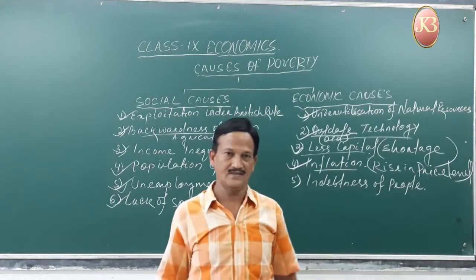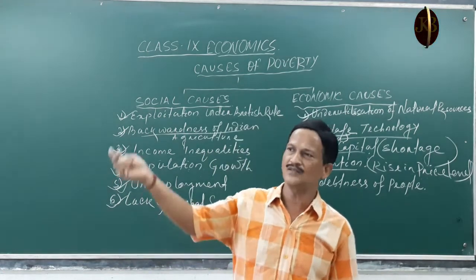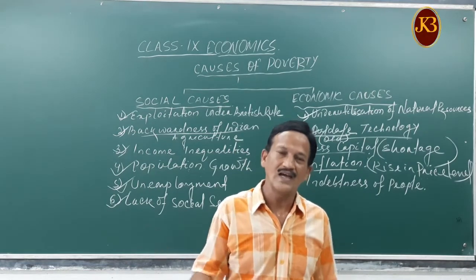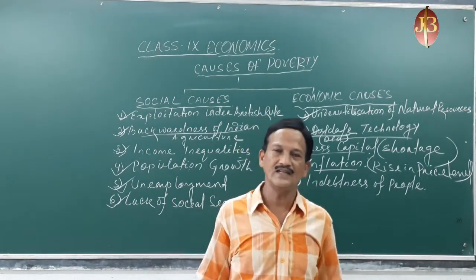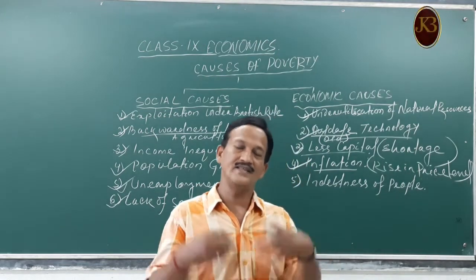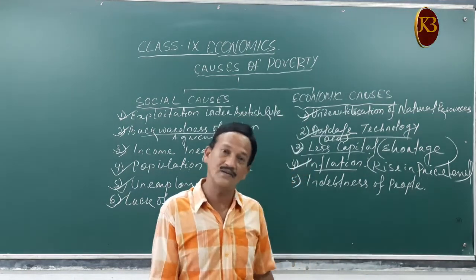At present you might have seen in the market how onion prices and other vegetable prices are at the highest levels. You can imagine how the poor people are managing their basic necessities in their day-to-day life. They are suffering a lot. There are miserable conditions in their societies and in their families.